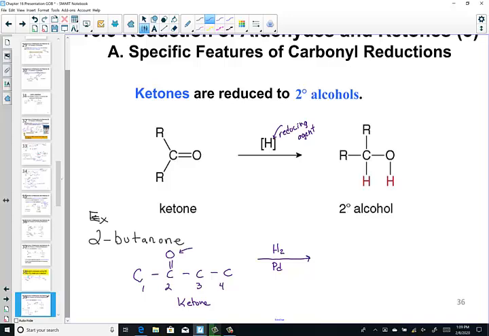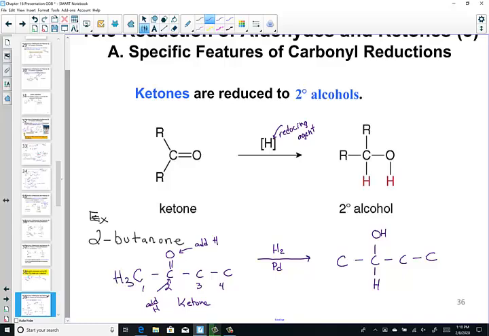Now what that means, we're going to add a hydrogen onto the oxygen. You add a hydrogen onto this carbon, and here's what we redraw. All single bonds. The original carbonyl double bond is now an alcohol, and this carbon here received the other hydrogen to complete its octet.